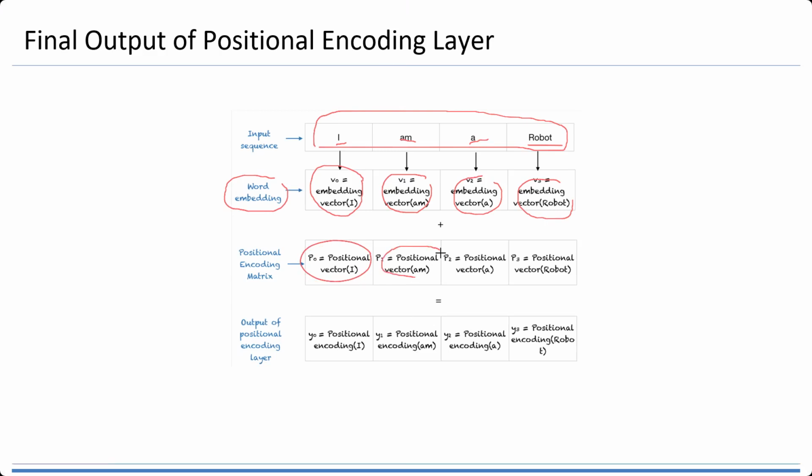We have the positional vector for I, am, a, and robot. And we will do a kind of multiplication or some process between this vector and this vector. At the end, we will get the positional encoding layer. We call this the positional encoding for every token. And we will use this one for the attention network.